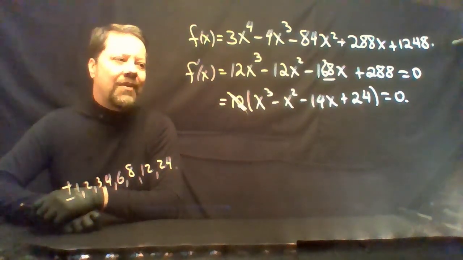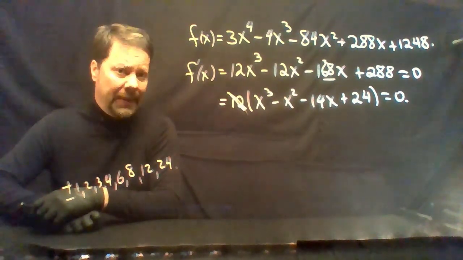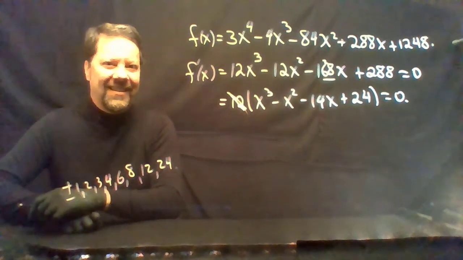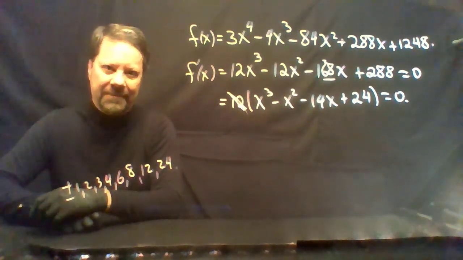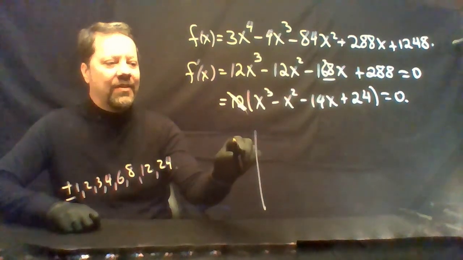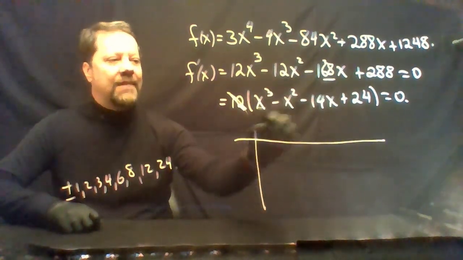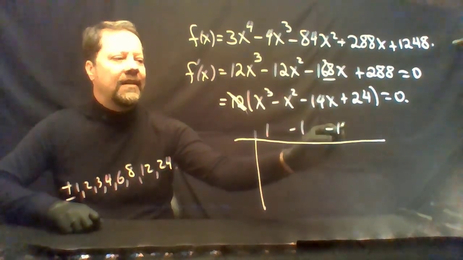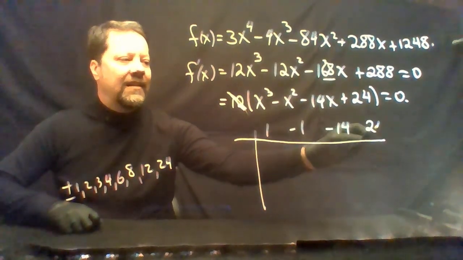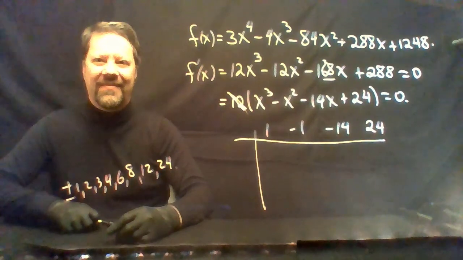So how are we going to solve for the roots of this cubic? There's an easy way called synthetic division. And the way synthetic division works is we set up these coefficients, 1, negative 1, negative 14, and 24.